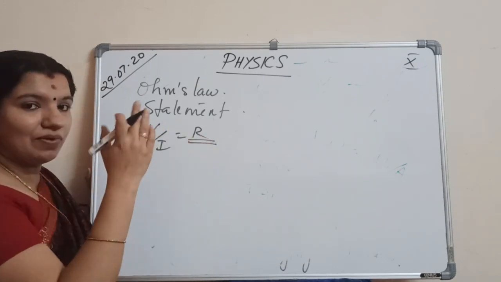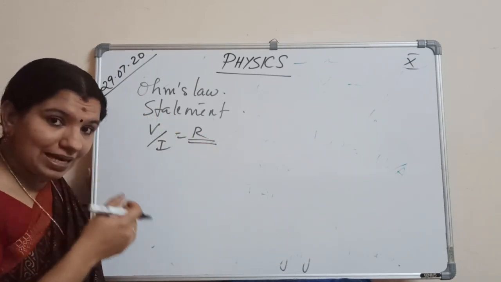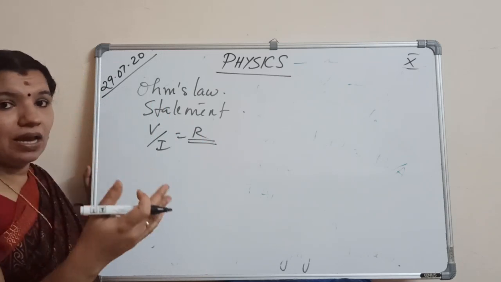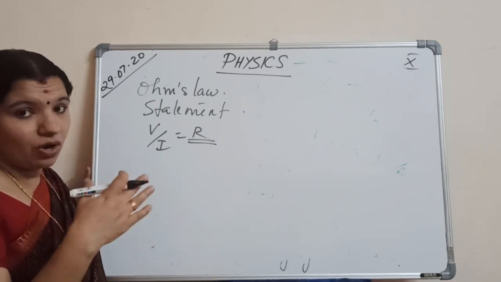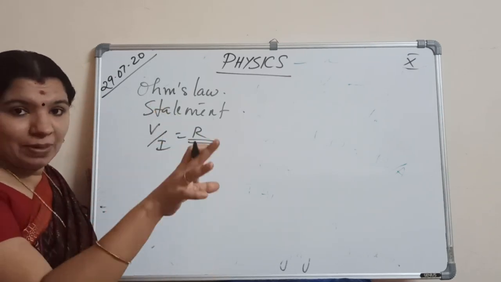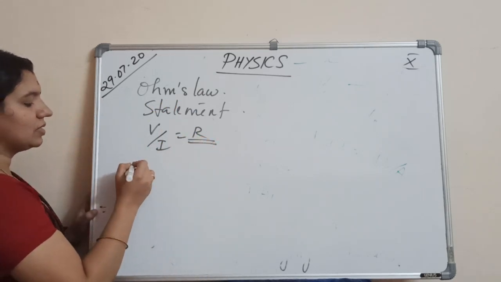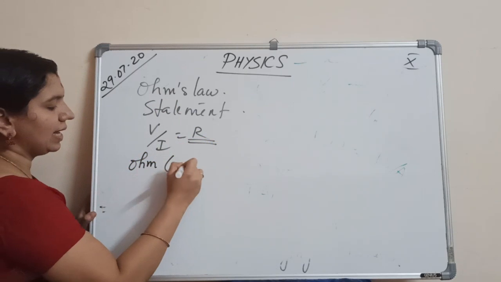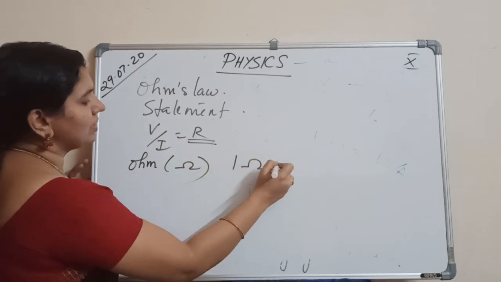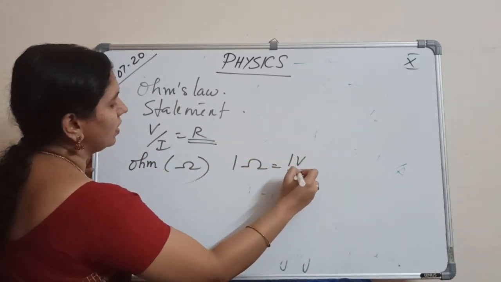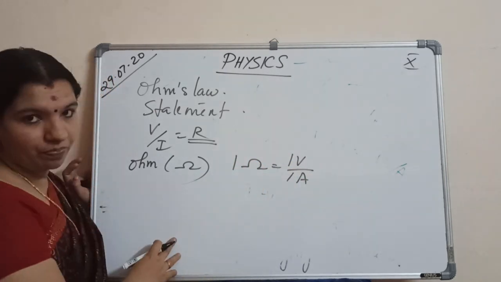This resistance will vary for different materials. It will be less for some materials and large for some materials. Depending on that we can understand whether that material is conducting or not. The unit is ohm, and 1 ohm is equal to 1 volt by 1 ampere.